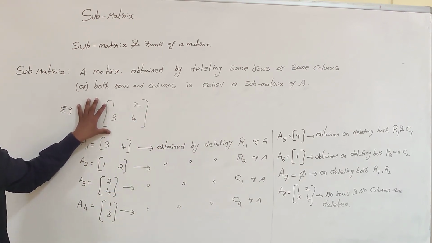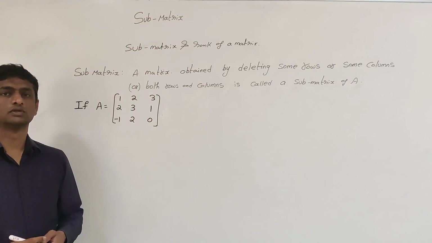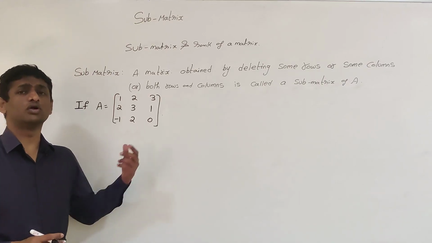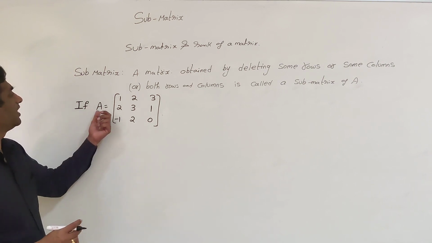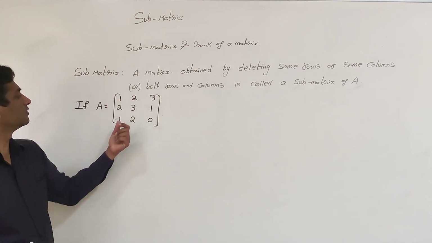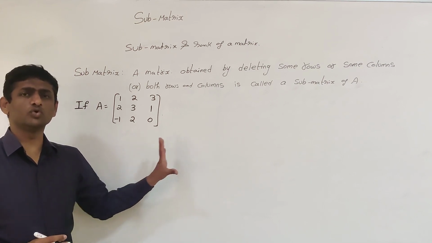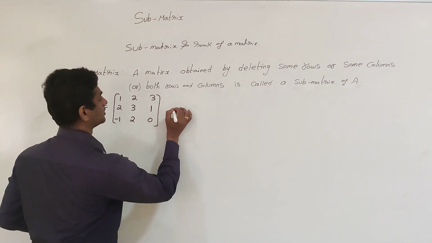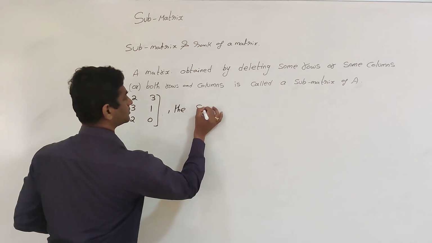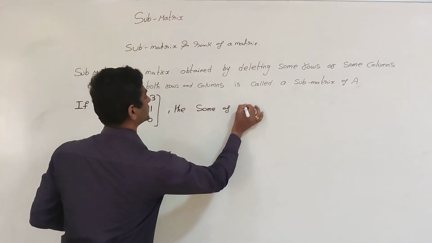So we'll see one more example of order 3 by 3. If A is equal to 1, 2, 3, 2, 3, 1, minus 1, 2, 0. Let us write some of the few submatrices.